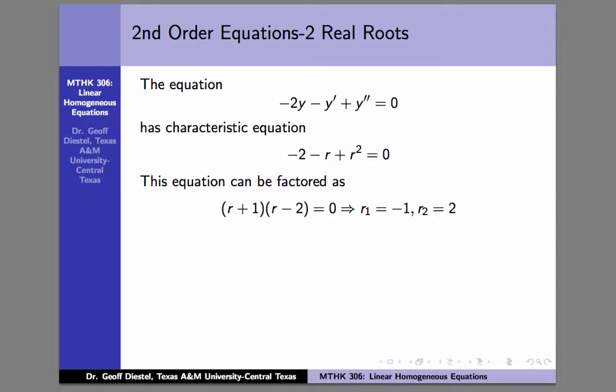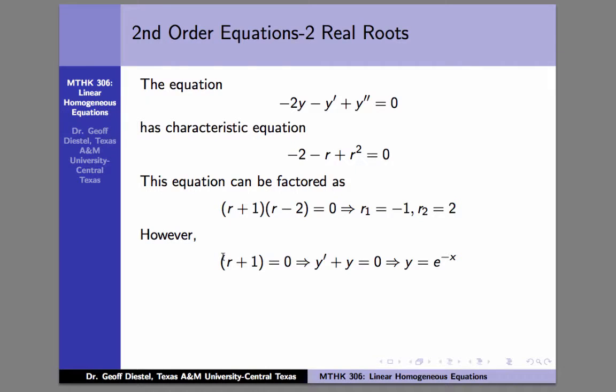You can always use the quadratic formula to find the roots, but in this case, it's easy to factor as r plus 1 times r plus 2. Remember what that means is if you have a product of two expressions that equals 0, then it must be that either one or the other has to be 0. So there's two possibilities of making this equation true, either letting r be negative 1 or letting r equal negative 2.